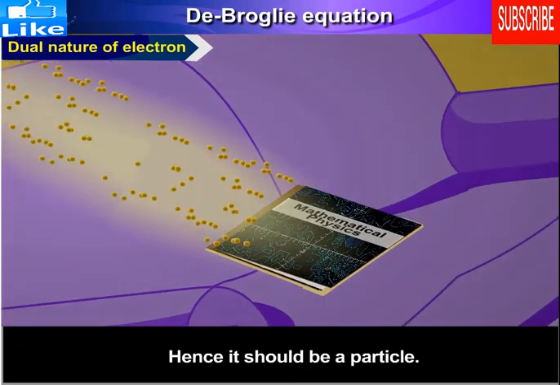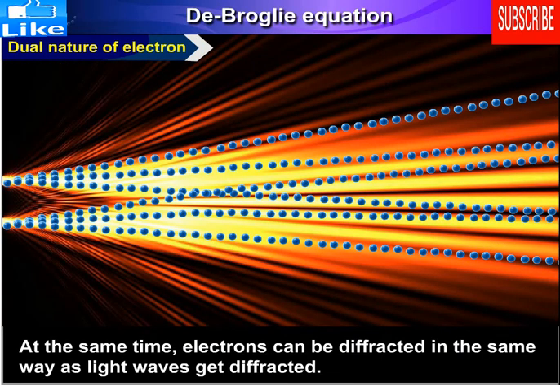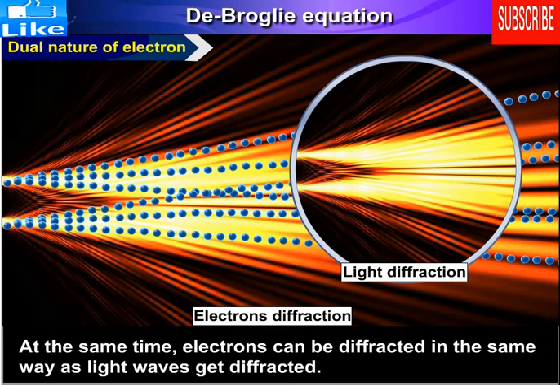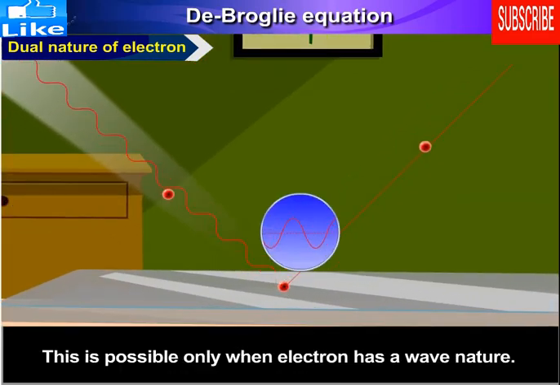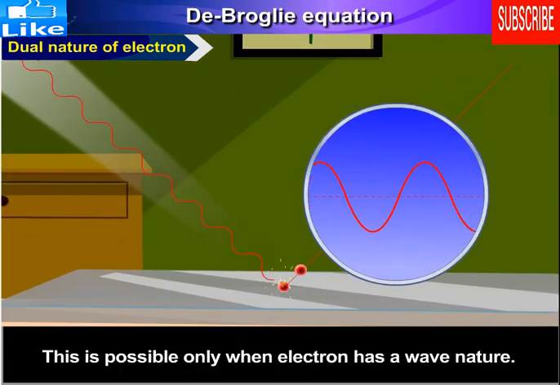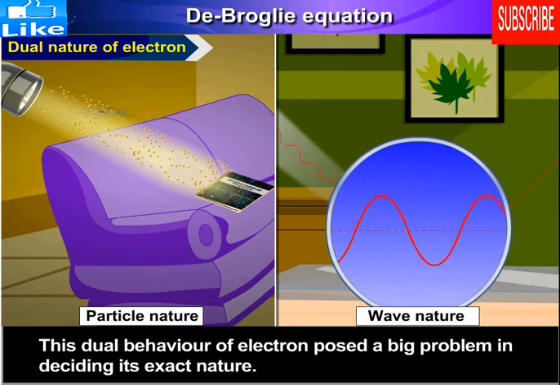Hence, it should be a particle. At the same time, electrons can be diffracted in the same way as light waves get diffracted. This is possible only when the electron has a wave nature. This dual behavior of the electron posed a big problem in deciding its exact nature.